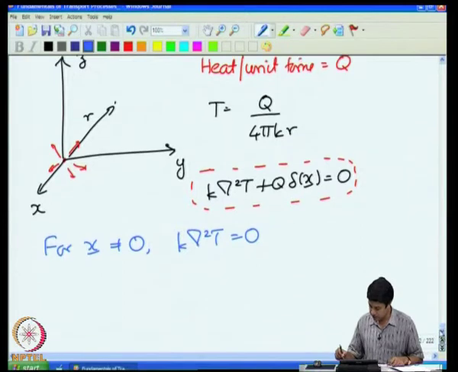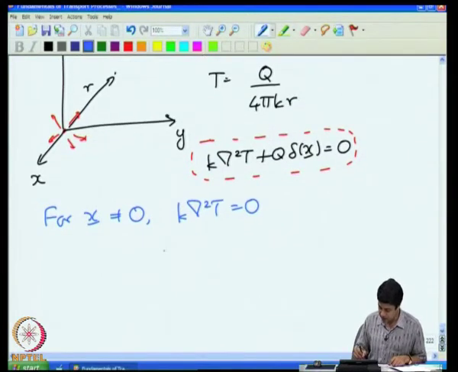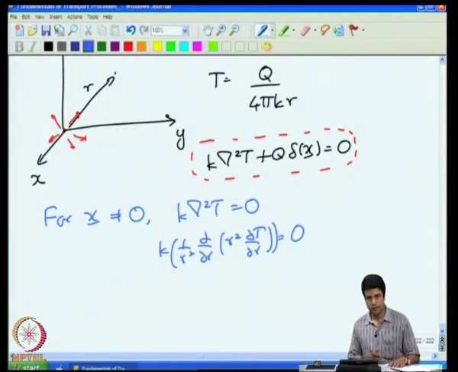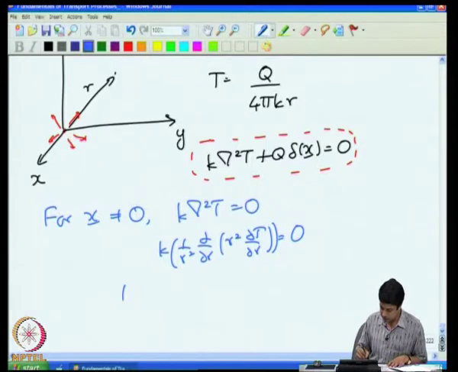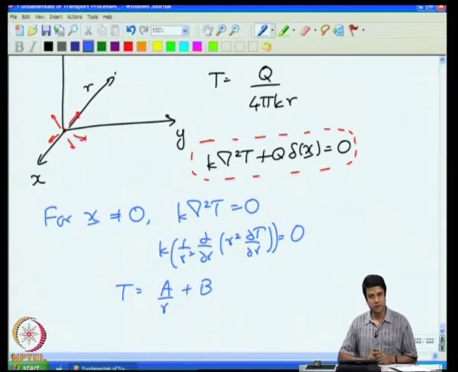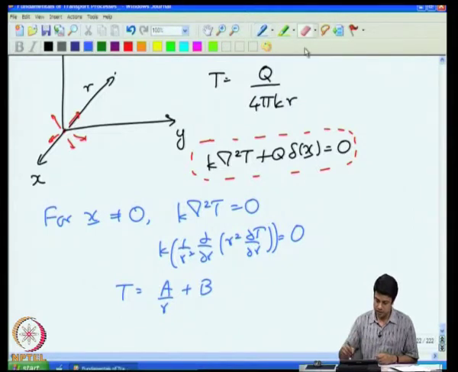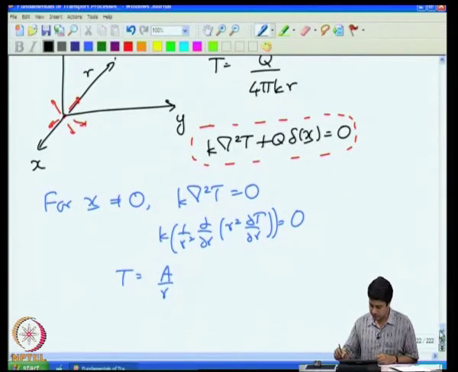So, for a spherically symmetric system, this can be written as K into 1 by r square d by dr of r square dT by dr is equal to 0, which means that the solution is of the form T is equal to A by R plus B. If I define my temperature such that it goes to 0 at a large distance from the origin, then the constant B has to be equal to 0. Therefore, the solution is simply T is equal to some constant divided by R.